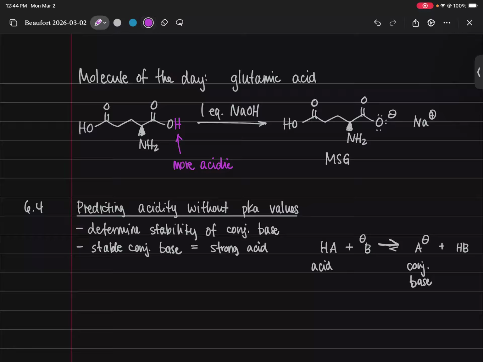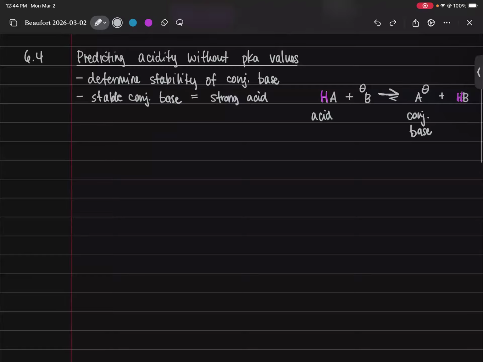And then the acidic proton is going to be much more liable to go on to B. Right. And that's what it means for something to be acidic, that it can donate a proton. So we want a stable conjugate base to give us a strong acid.